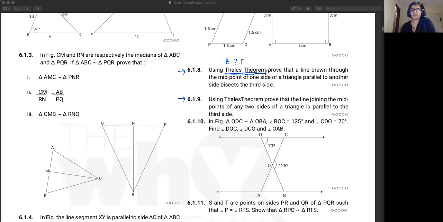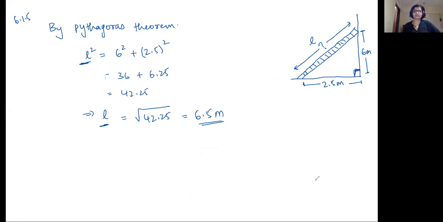Using Thales theorem, prove that a line drawn through the midpoint of one side of a triangle parallel to another side bisects the third side. Now that you know BPT, you should be able to do this in like 2 steps. So we're doing 6.1.8.